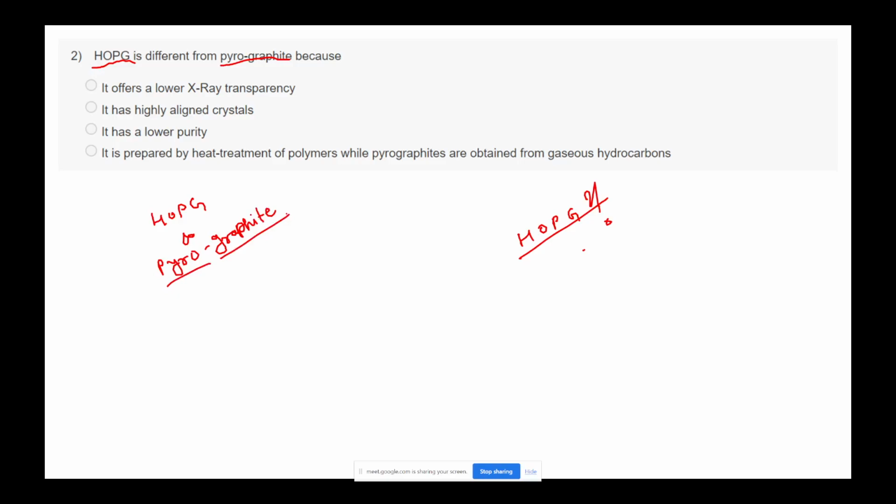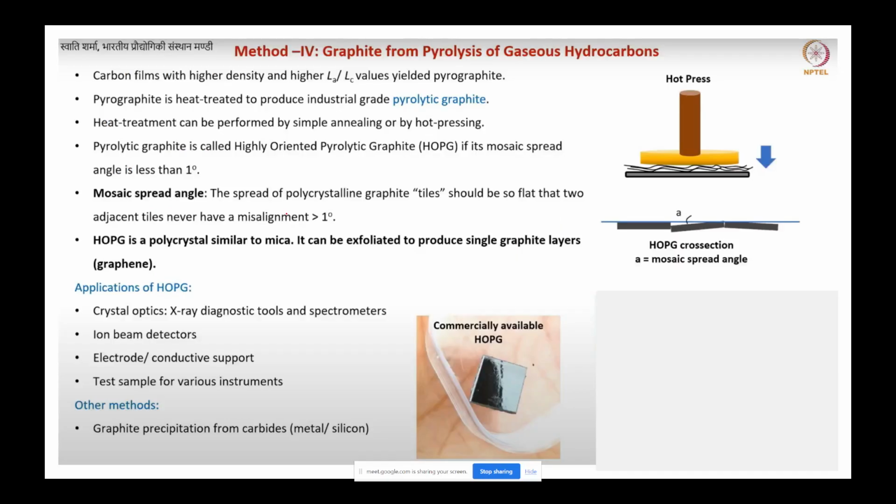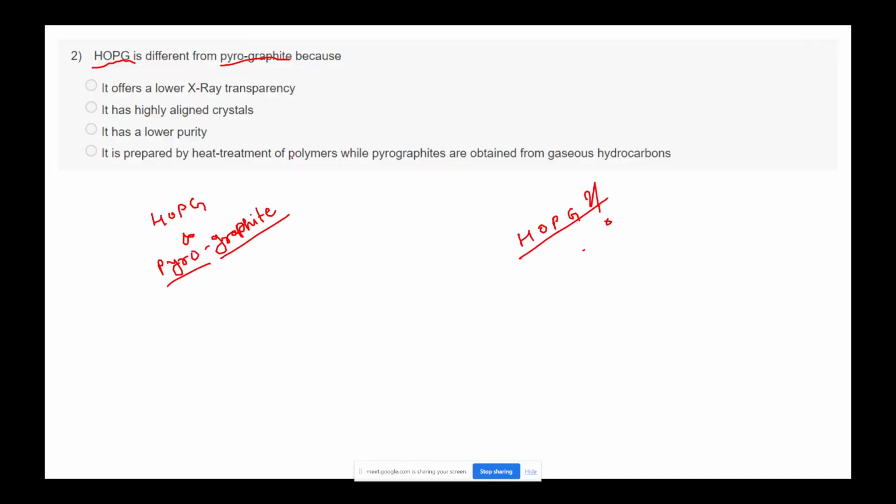So the first question that I asked: can anybody explain the full form of HOPG? Basically, HOPG is highly oriented pyrolytic graphite.